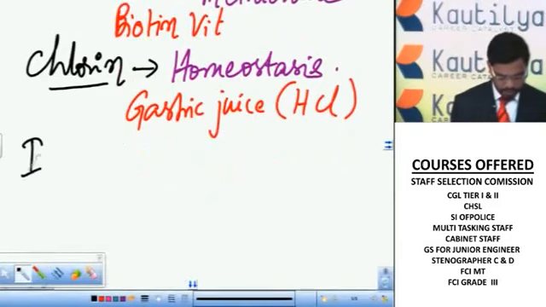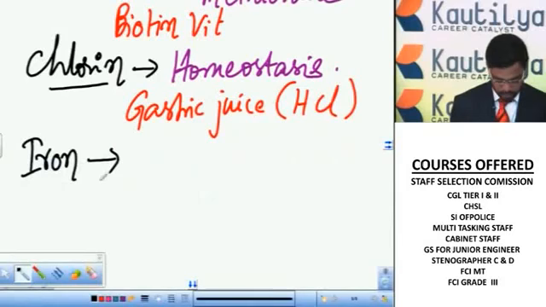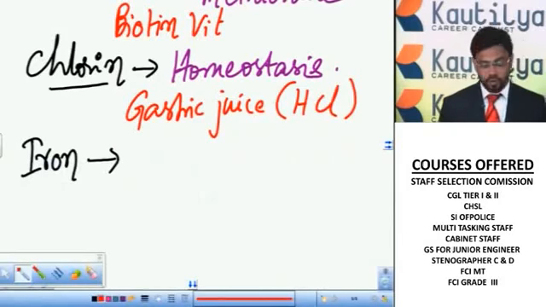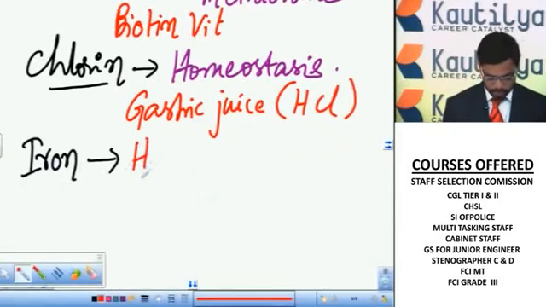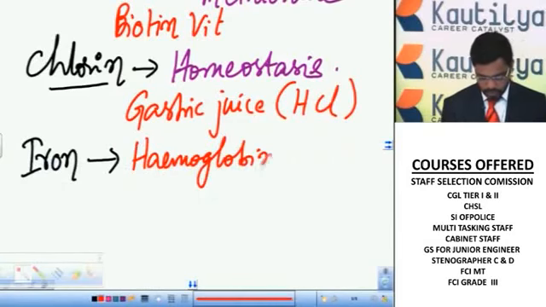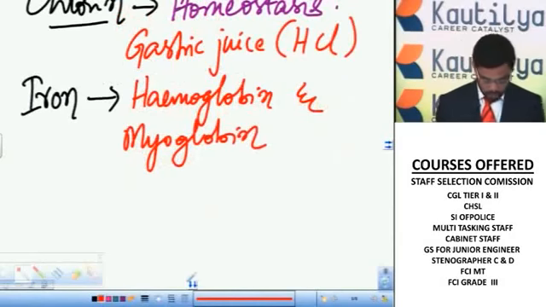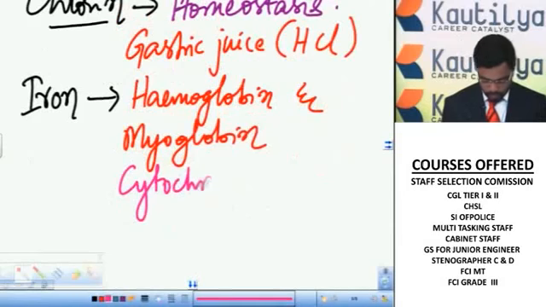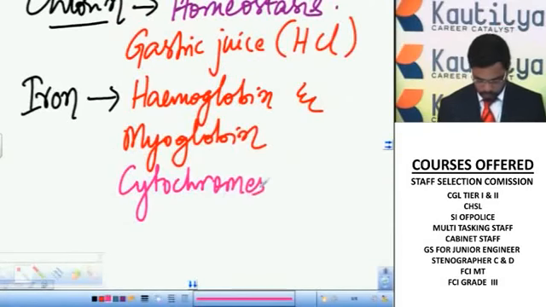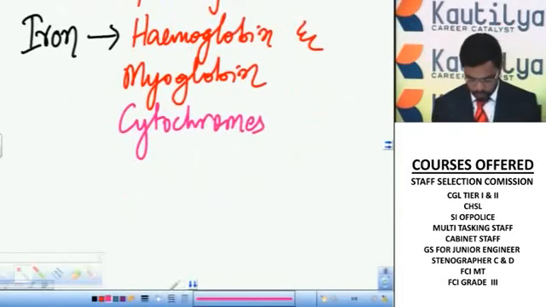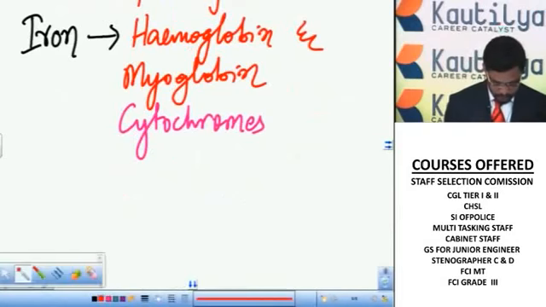Next, iron. It is a component of hemoglobin and myoglobin. It is useful for formation of RBCs and is also a component of cytochromes. And next, zinc.